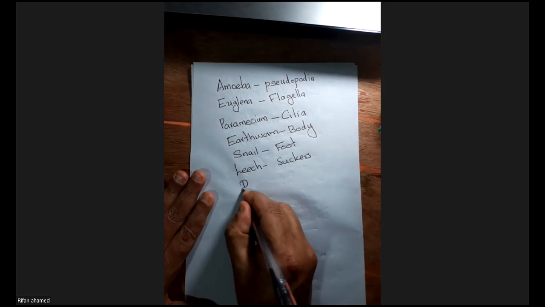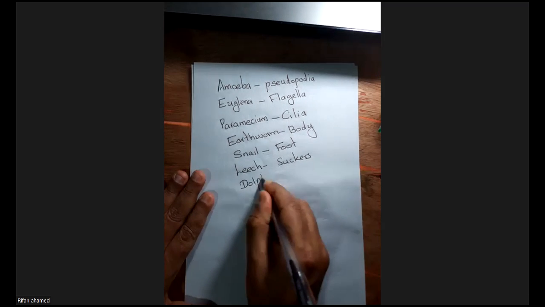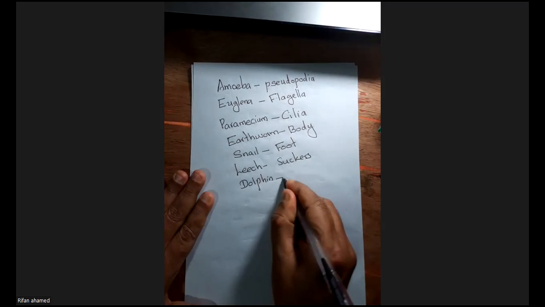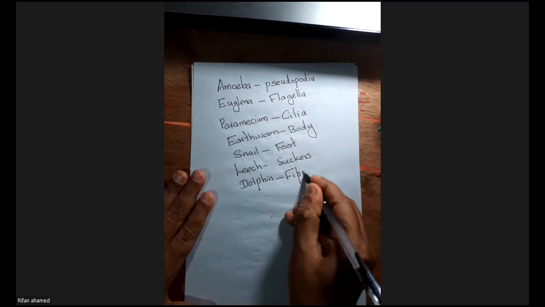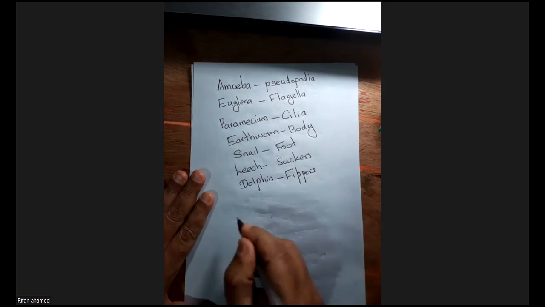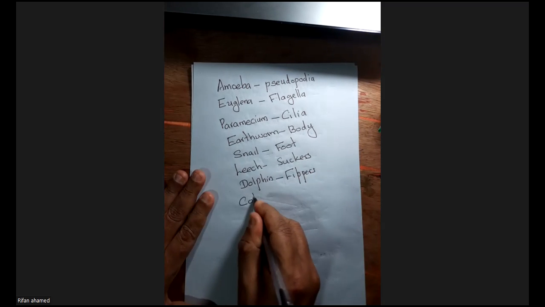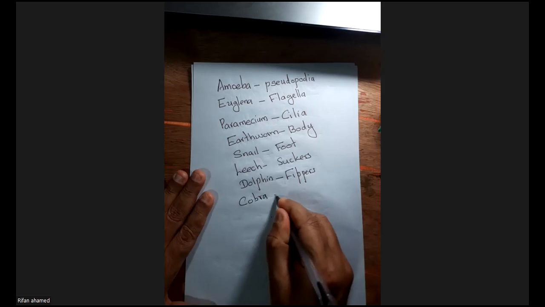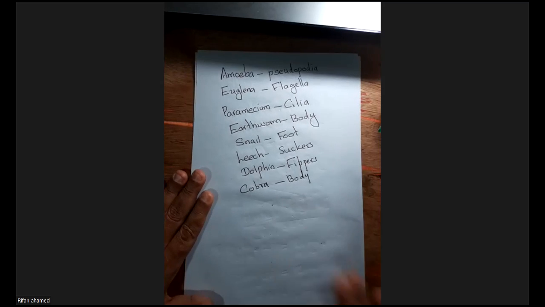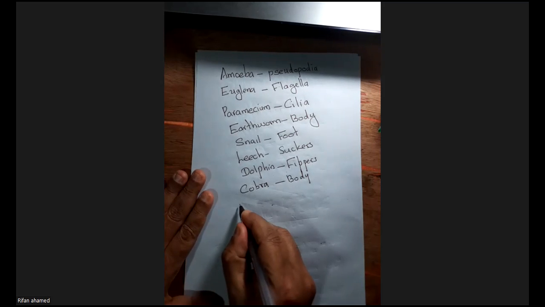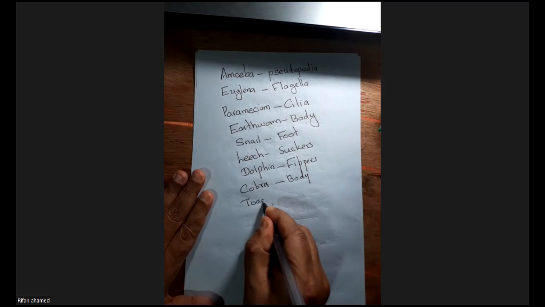Next given organism is dolphin. Dolphin uses flippers to move from one place to another. Next it is cobra. Cobra uses its body to move. Next given organism is toad.